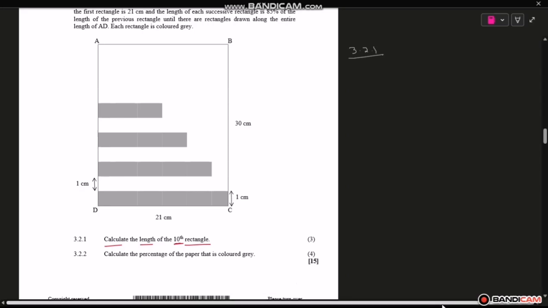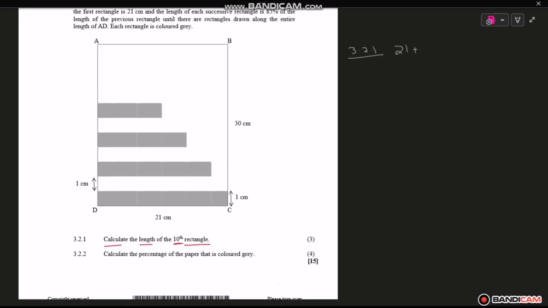So the first thing that we're going to do is find the sequence or the series. It will be 21, remember it is the first one as we are told, plus 21 times 0.85. We divide that percentage by 100 and we get 0.85. Therefore, plus 21 times 0.85 squared.